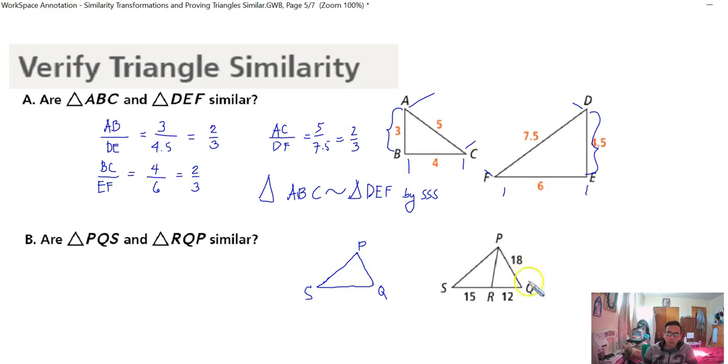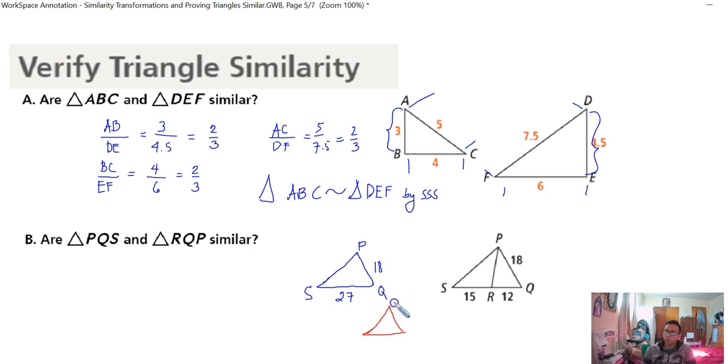Okay, so PQ is 18 already, and then your SQ, it's 15 plus 12, that's 27. So I'll just draw a red one. The smaller one, it's this one. So I have, let's see if they are similar.